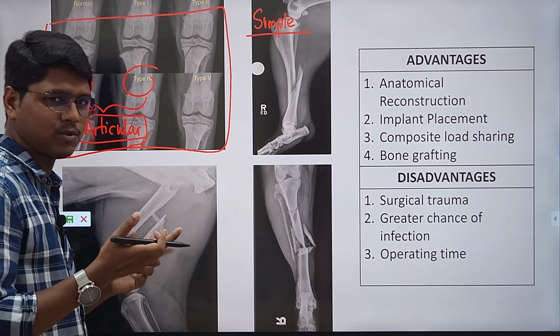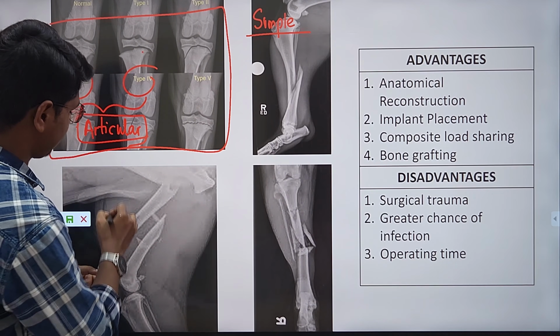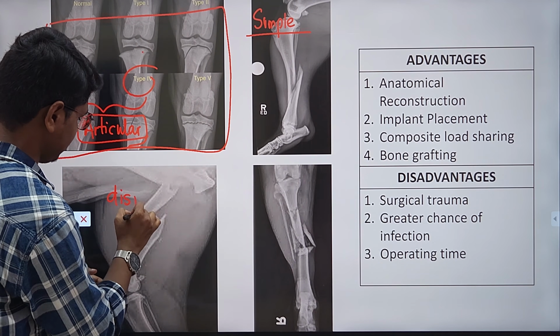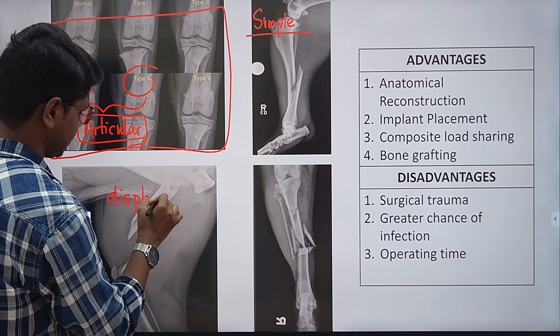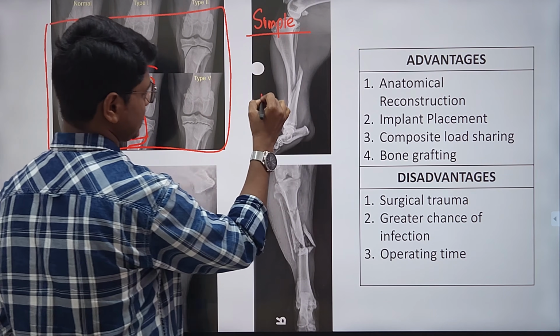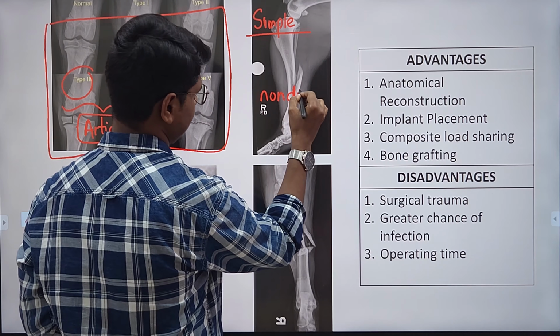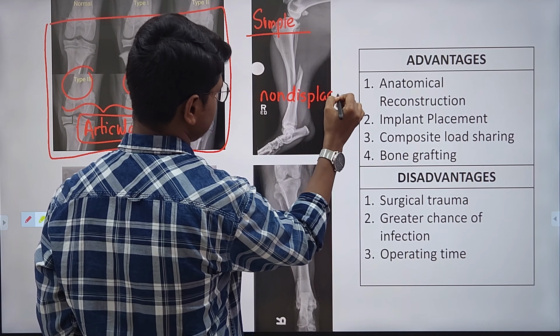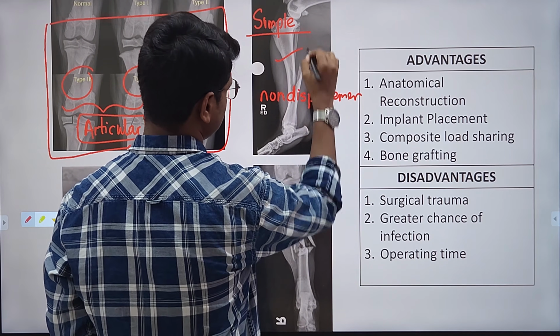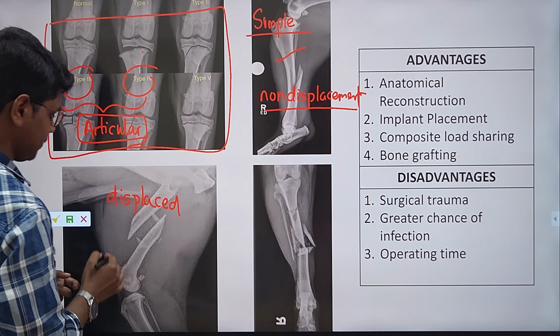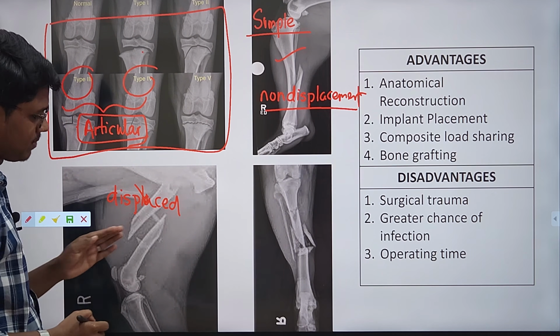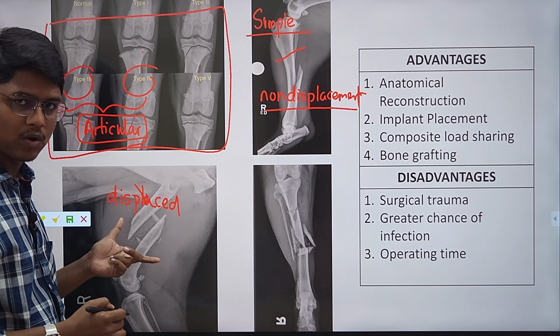Simple fractures like transverse or oblique fractures, as well as displaced fractures. This is a displaced fracture. This one is non-displaced. The displacement is in relation to the proximal segment. Okay, this proximal segment is cranially displaced. Why does this displacement occur?